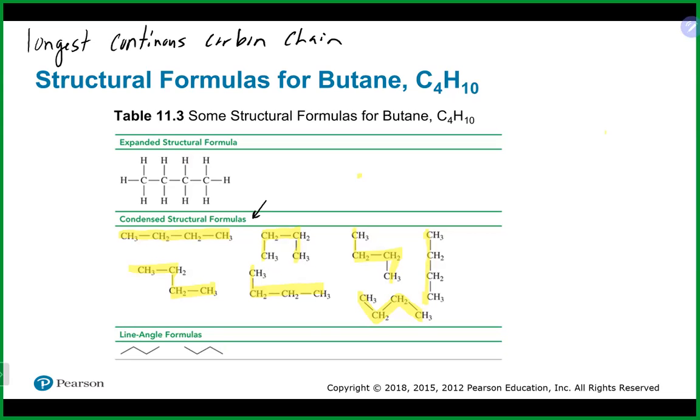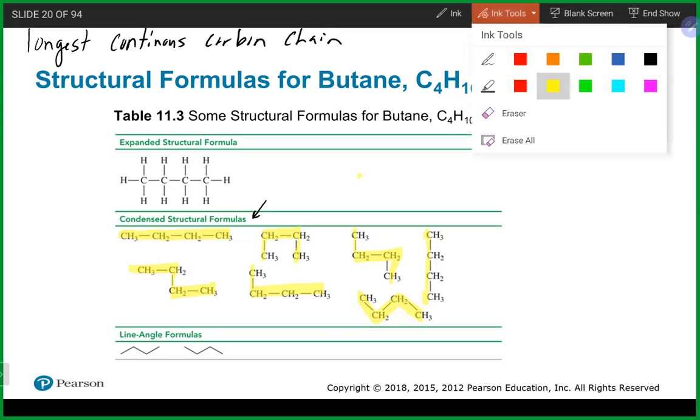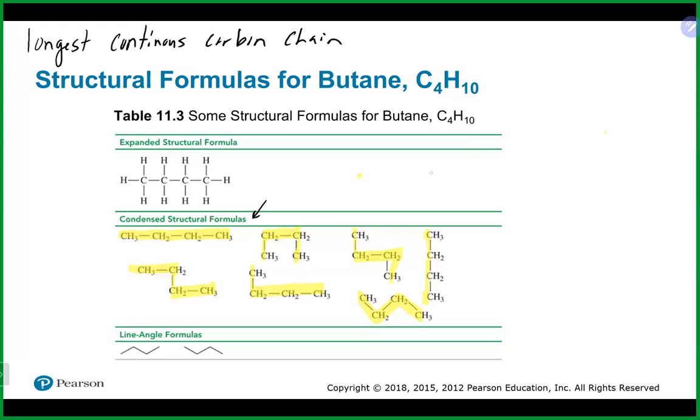Now, let's say, for example, I had this. So this is all butane on the left here, right?